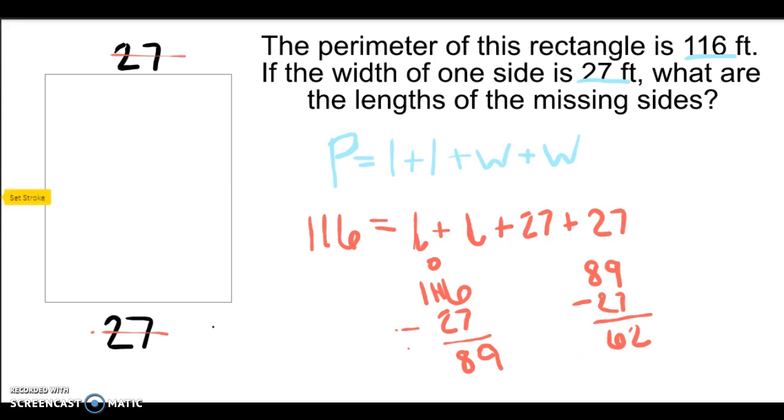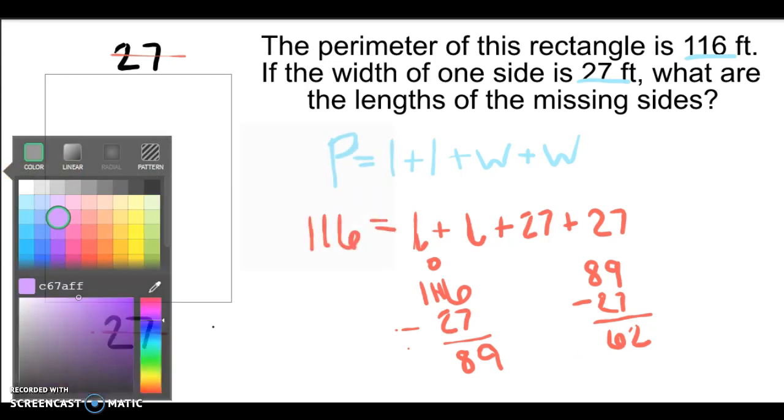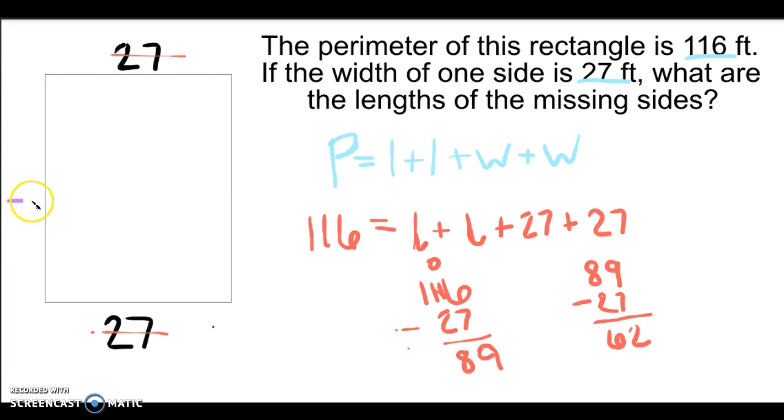But here's a key piece of information. 62 has to be shared between this side and this side. They don't both get 62. They have to share it. So I'm going to divide 62 in half to see what the missing side lengths are.